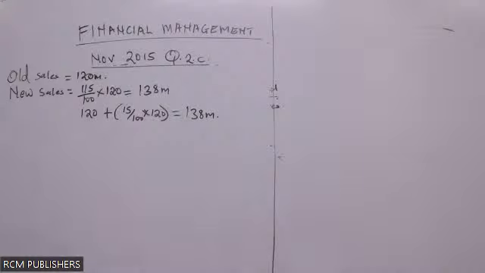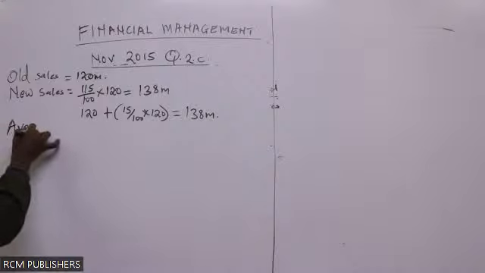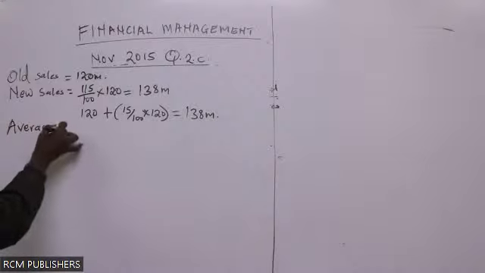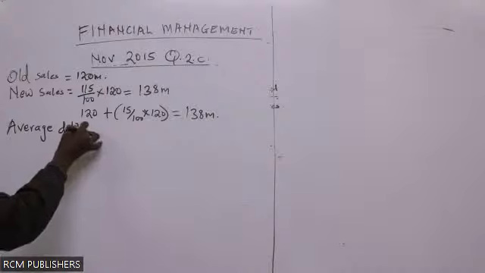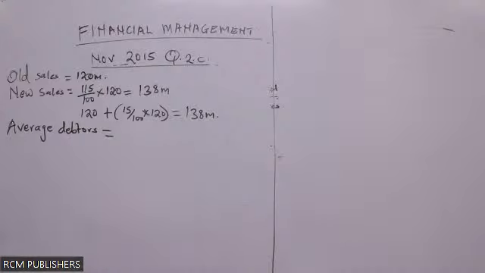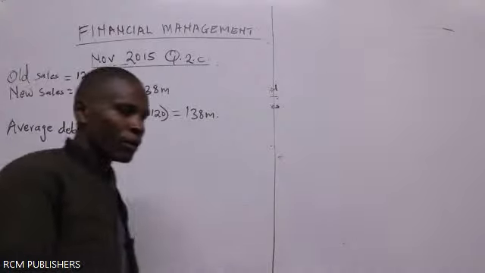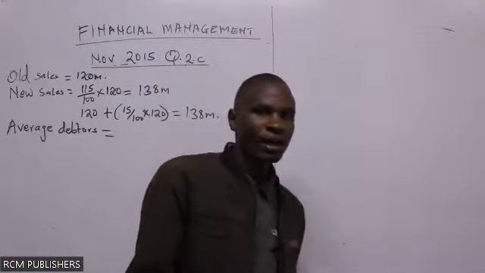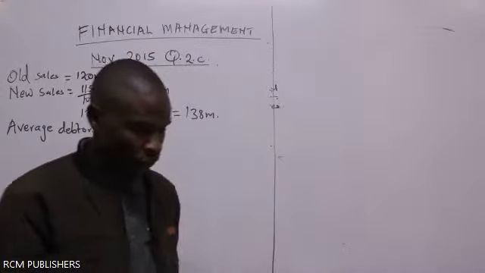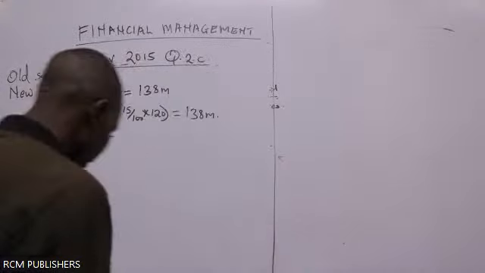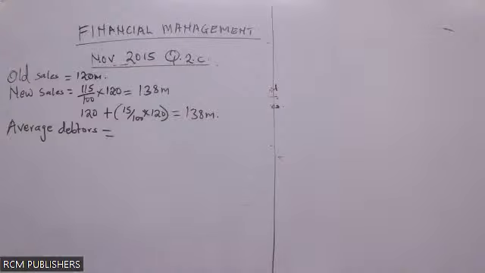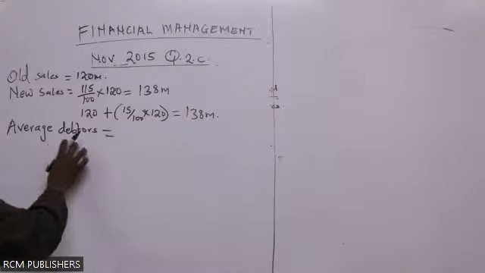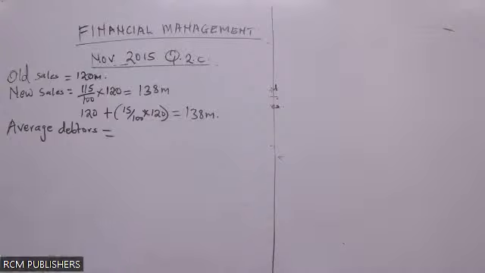Great. Now, if I have the new sale, I need to get the average debtors. Lazima kwanza nipate how is the average data from our ratios. Judy, when we were analyzing the financial statement using ratios, we said that to get average data, we divide by the correction period.